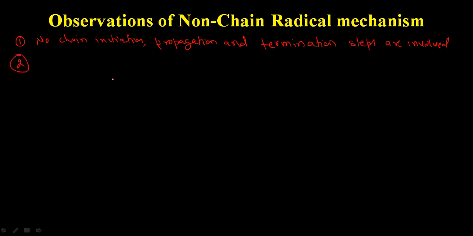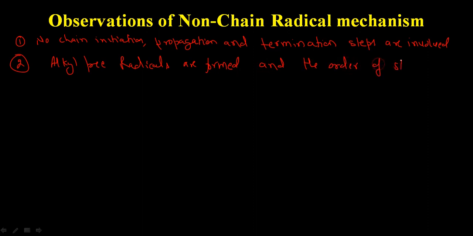The second point is, we know that in the non-chain radical mechanism there is formation of alkyl free radicals. And the order of stability of these free radicals is tertiary more stable than secondary, more stable than primary. And what are the reasons?